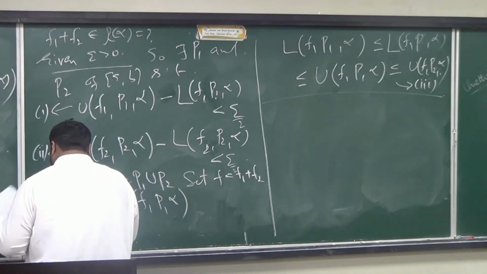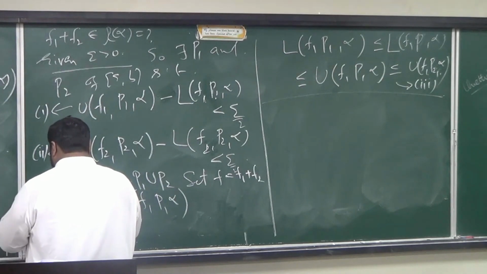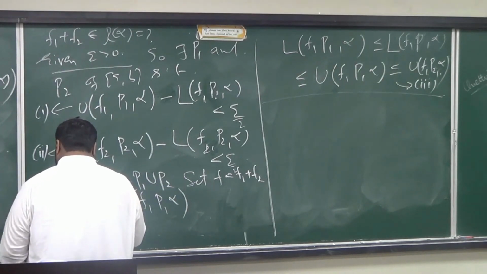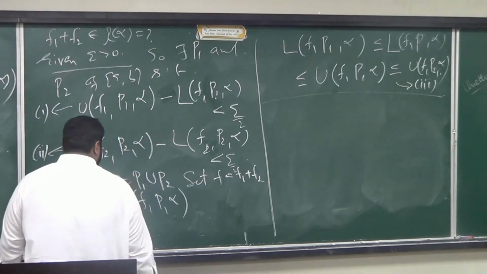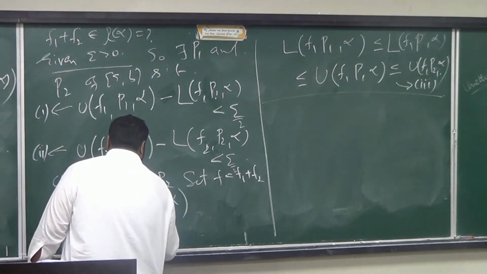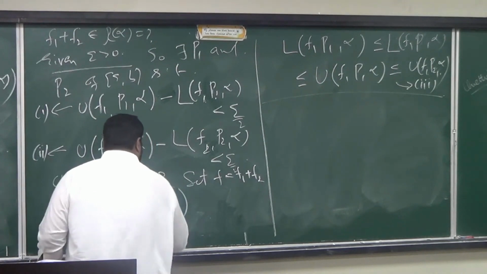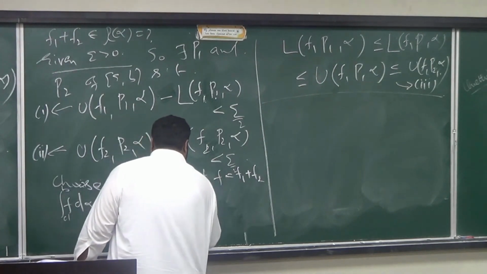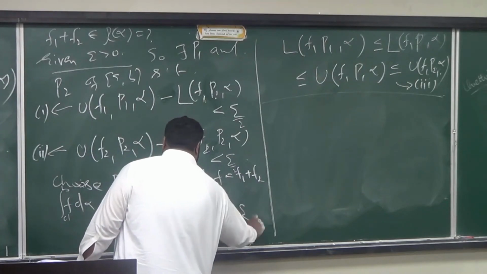Very good. So that's the integral from a to b of f d alpha, that is the integral of f1 d alpha plus the integral from a to b of f2 d alpha, plus epsilon.